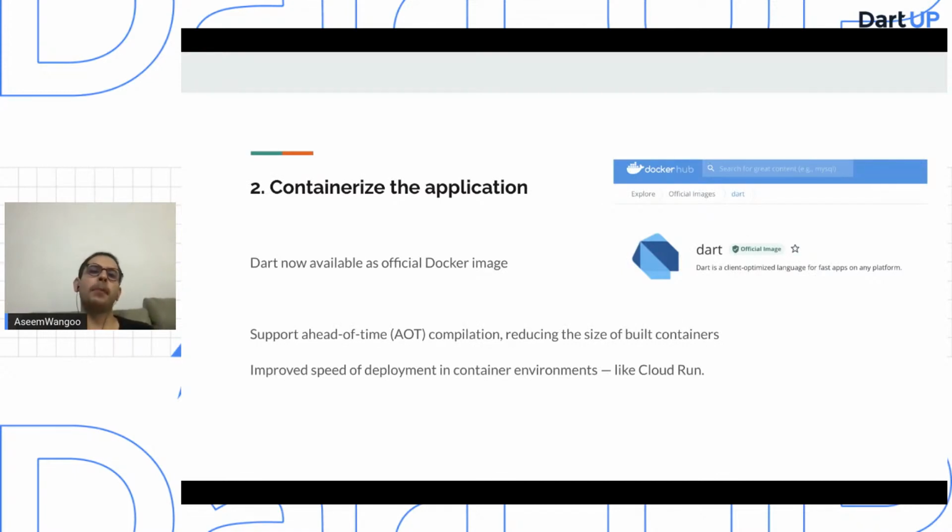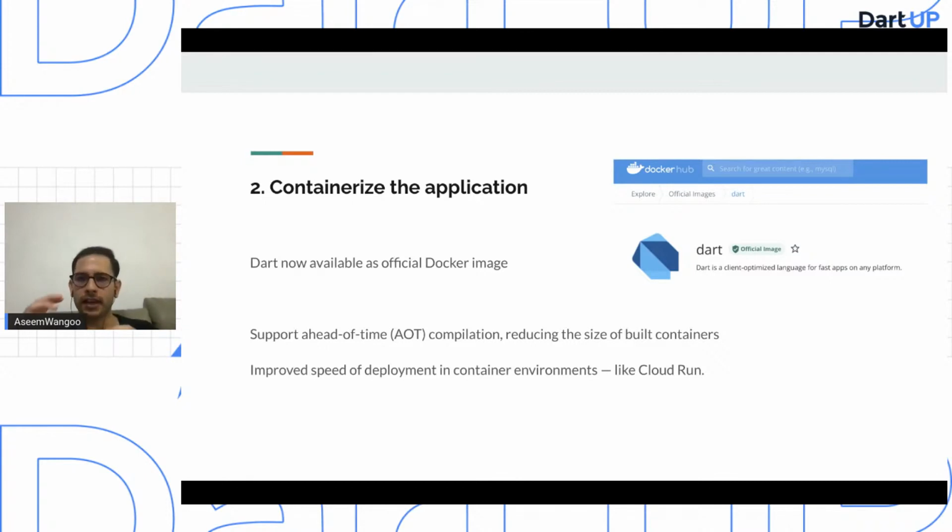Since the server application was programmed in Dart, and recently it was announced that Dart is now available as an official Docker image from the Docker Hub, which is a place where you would go and find all the images for any language. This image supports ahead of time compilation and helps in reducing the size of build containers.